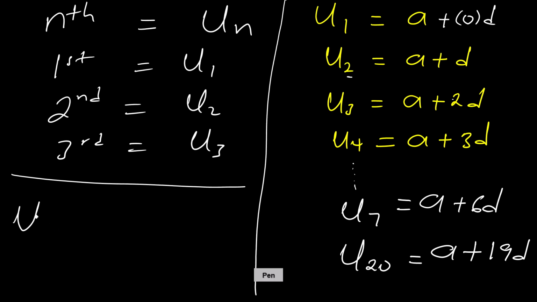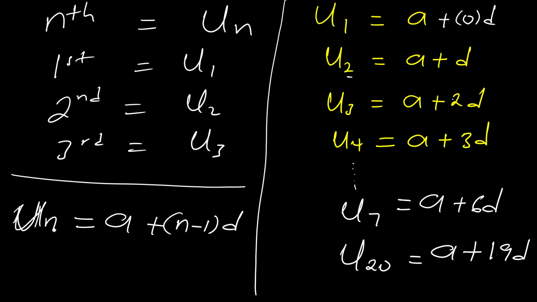So what is the nth term, Un? Looking at the trend here, if this side is U1, you have A plus 0D, U2 is A plus 1D, U3 is A plus 2D. So what will be Un? This side will be A plus, and this side will be reduced by 1, so n minus 1 D. If this side is 2, it is 2 minus 1.